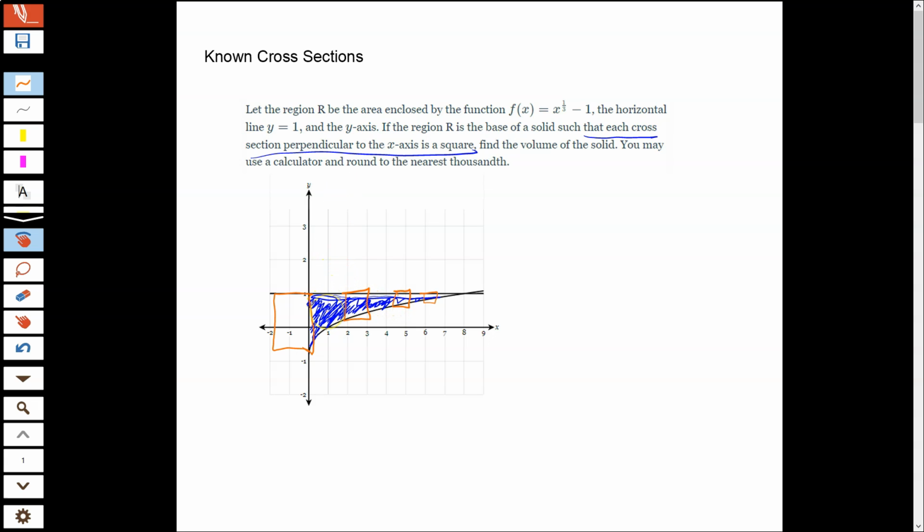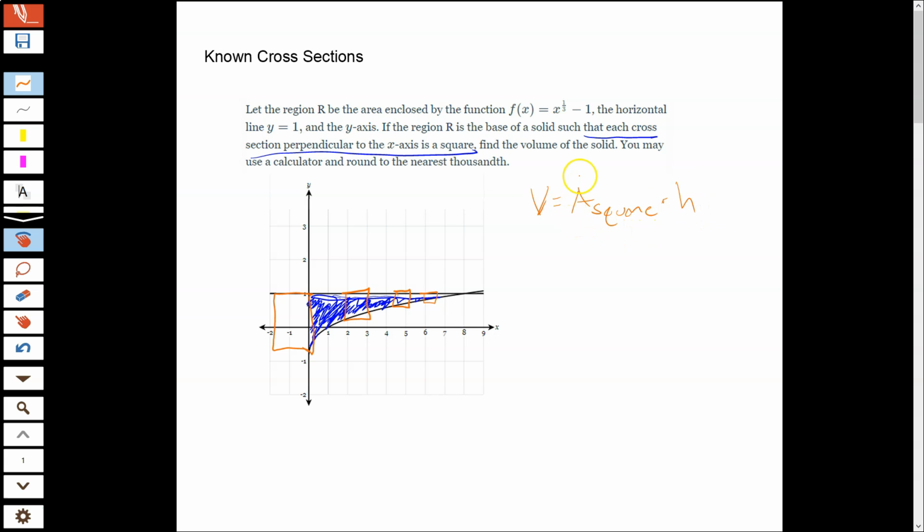We're going to use really similar logic to our rotational solids. But notice there's no rotating happening here, right? Instead, we're going to use just the general fact that the volume of this shape is going to be the area of each square times its height, right?